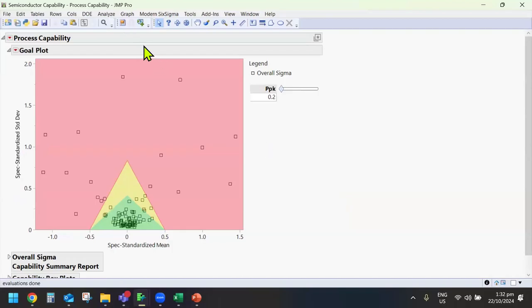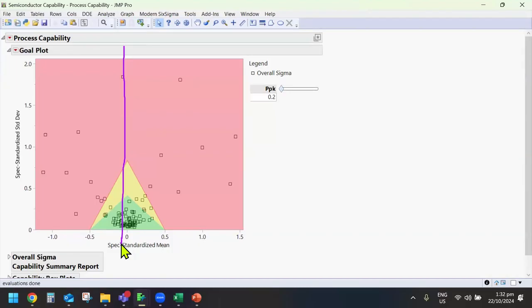For any process, you see there is a data point over here. You can see from the chart, this data point is on the X dimension quite aligned at 0, but slightly a little bit towards the lower side.